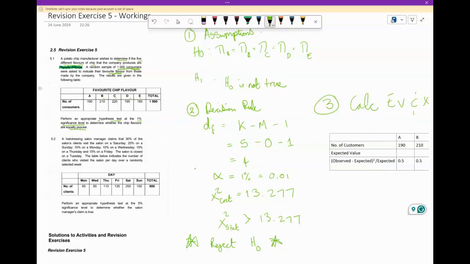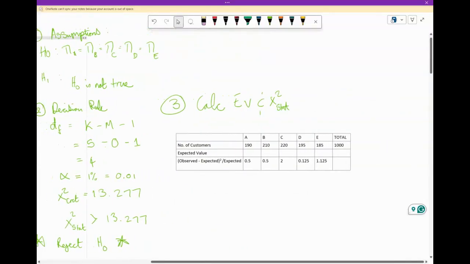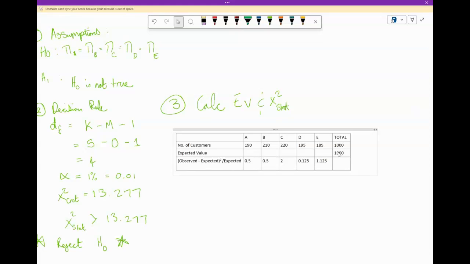Determine if the 5 different flavors of chip that the company produces are equally popular. So if 1,000 people were involved in this sample, and they're saying this thing is equally popular, then what is our expected number of people that select flavor A, flavor B, flavor C? 1,000 is the total number of people that were involved in the sample. So the total expected value should equal 1,000.